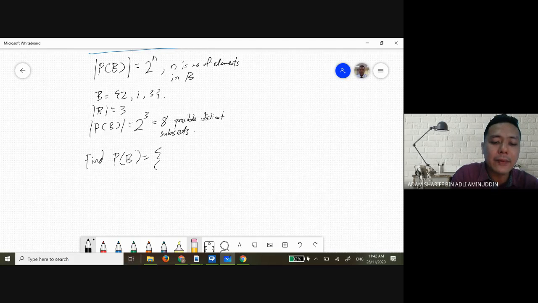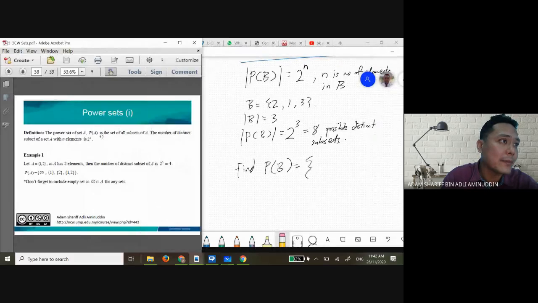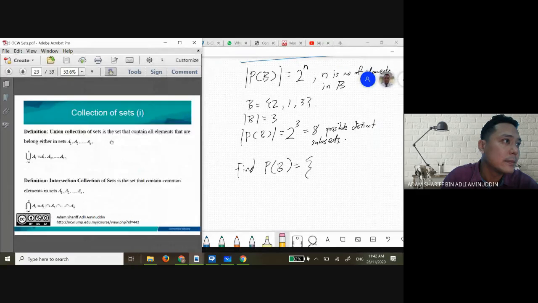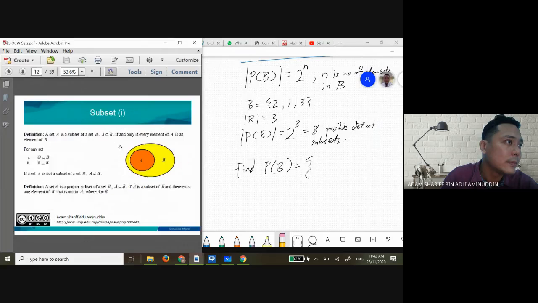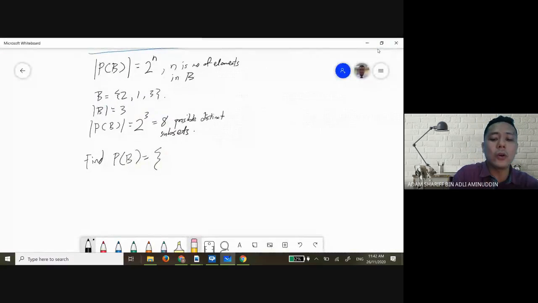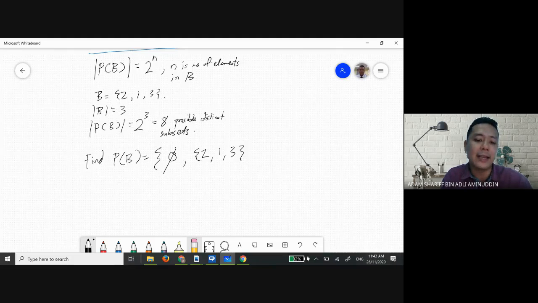Based on the previous example, properties of subset kat sini, ini empty set is a subset for any set, and the set itself is a subset of itself. Okay, so I always advise my student, but you are not obliged to follow that, is that you should have an empty set. Mesti ada. And you should have itself 2, 1, 3 based on that property. Because empty set is a subset for B and B is also a subset of B.